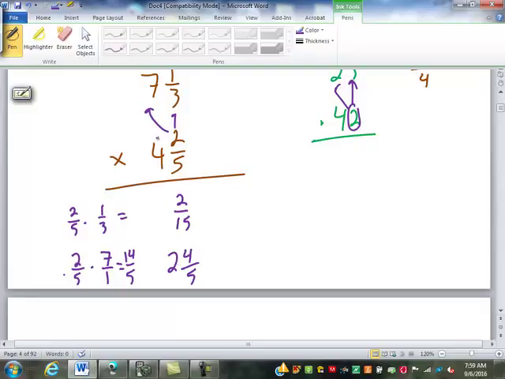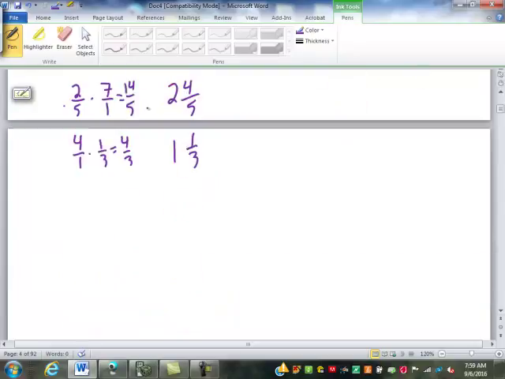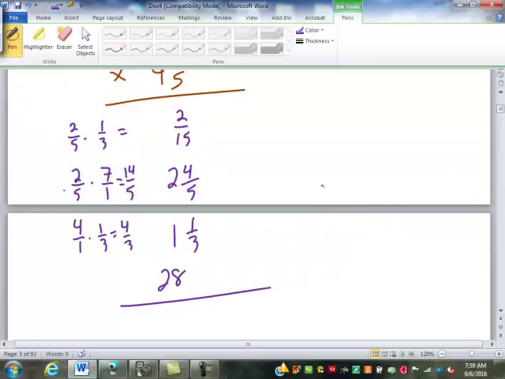Then I have to do 4 times 1/3. So again, that's 4 over 1 times 1/3, which is 4 over 3. So 1 1/3. And then 4 times 7 is 28. Now I have a bunch of different fractions with a bunch of different denominators.